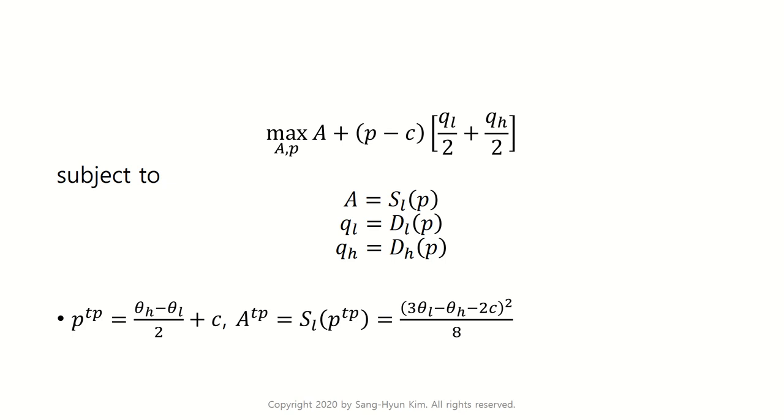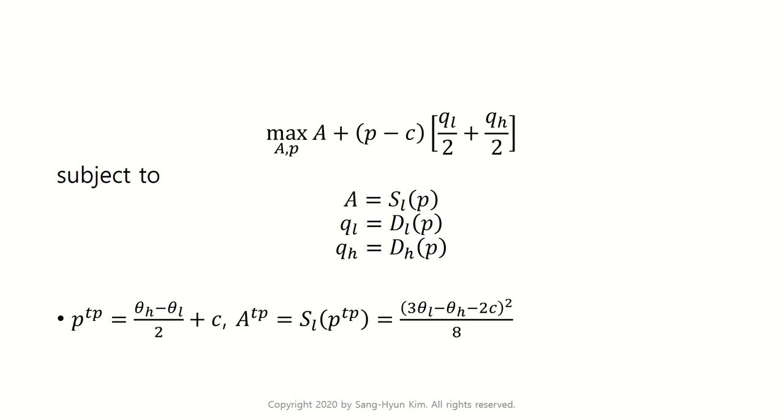ATP, TP stands for two-part tariff, right? So ATP is the same as SL of PTP, and it can be written like 3 theta L minus theta H minus 2C squared over 8.